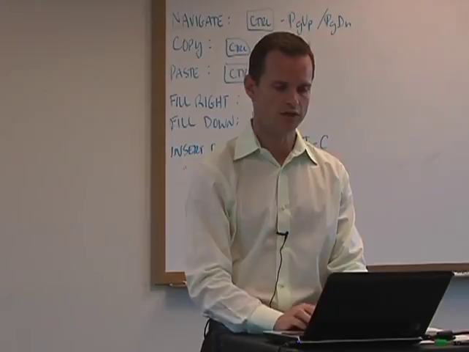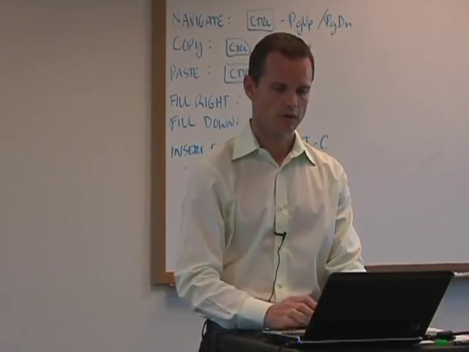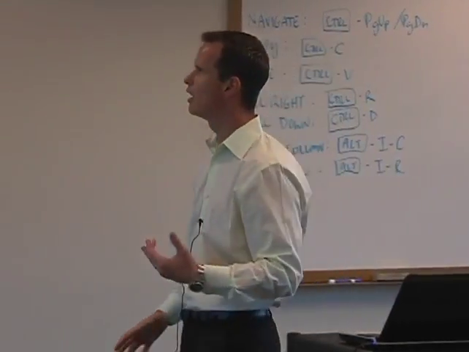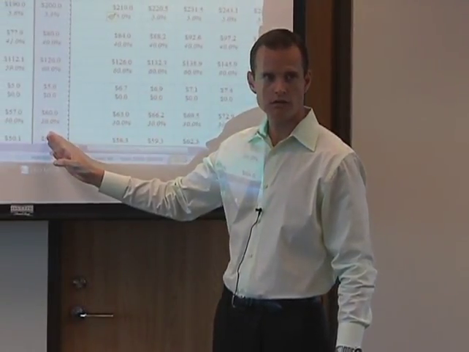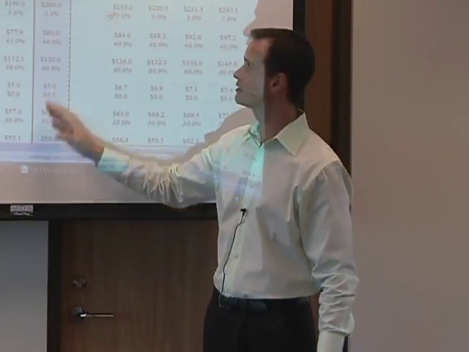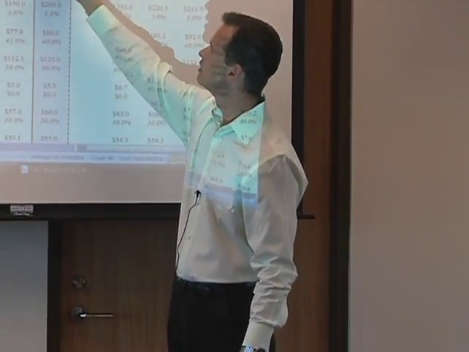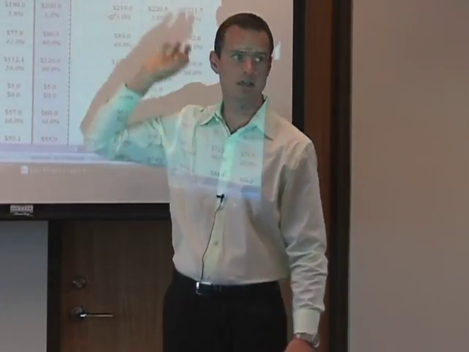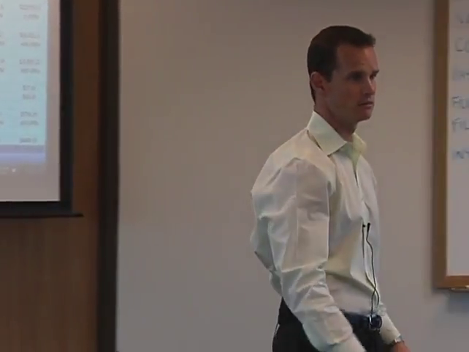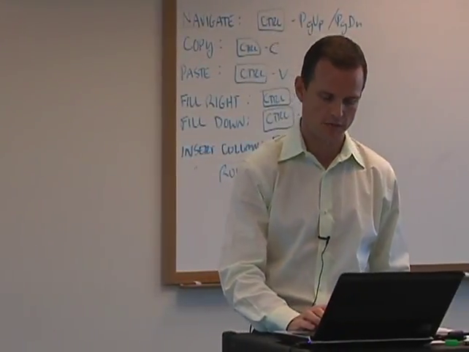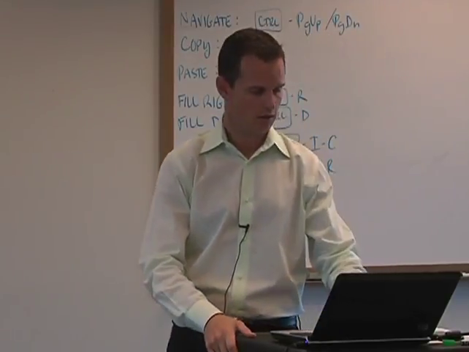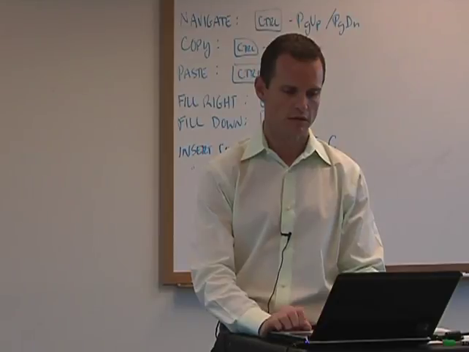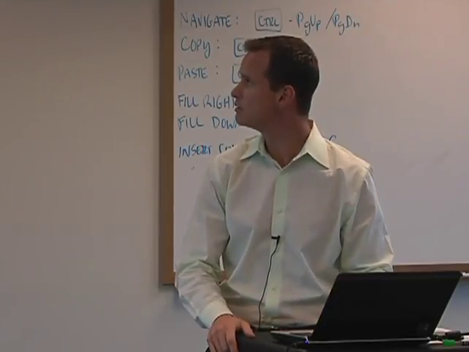The first thing I want to do, before I do anything else, is copy all the formatting in column G. If you want to quickly select column G, you can left arrow, go up to where it says G, left arrow key once on that, or left click, whatever you want to call it. You should be able to select that entire column. Control C to copy. Now go over to column H in that first cell.